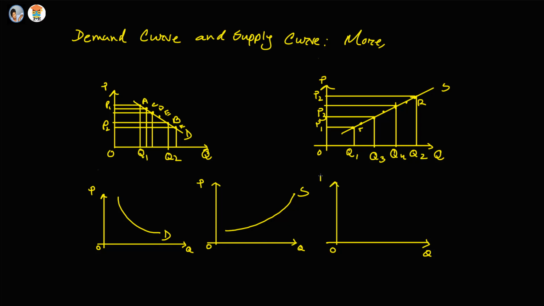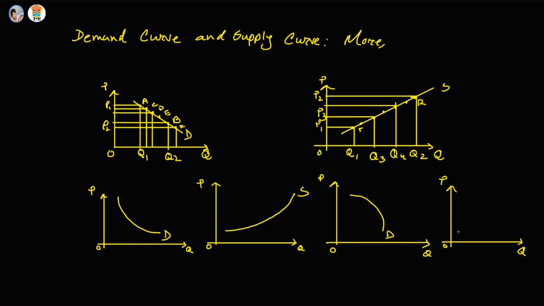We have price here on the y-axis. Demand curve can have a shape like this, and quantity, this is O, this is price.